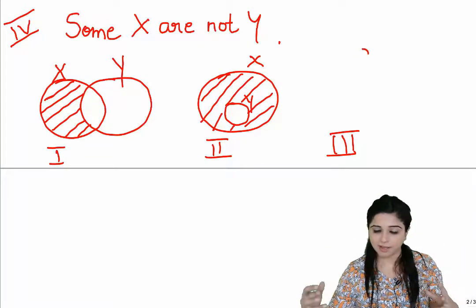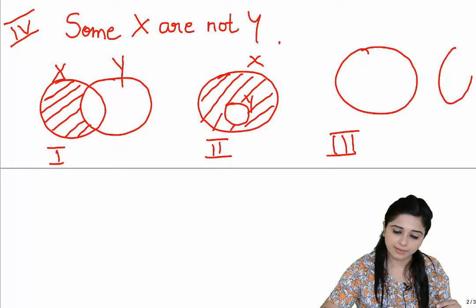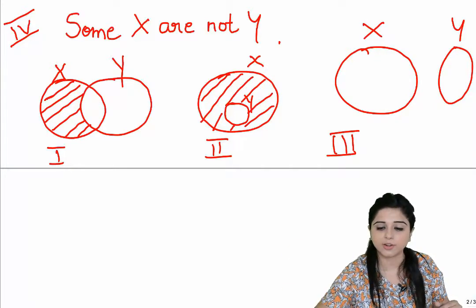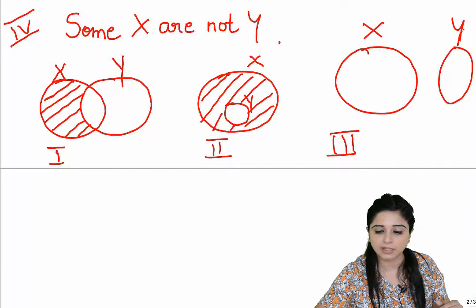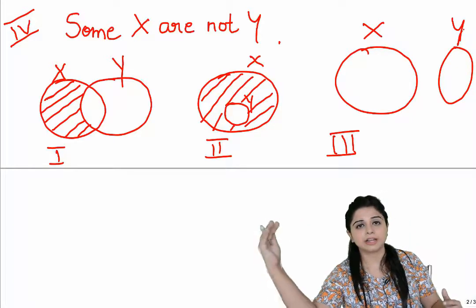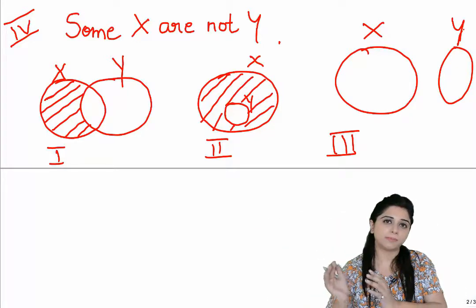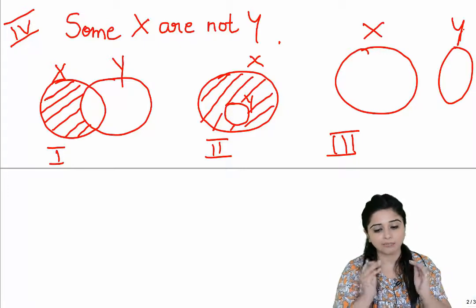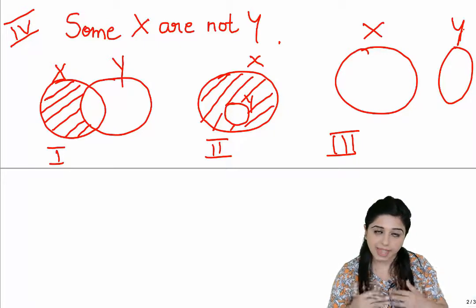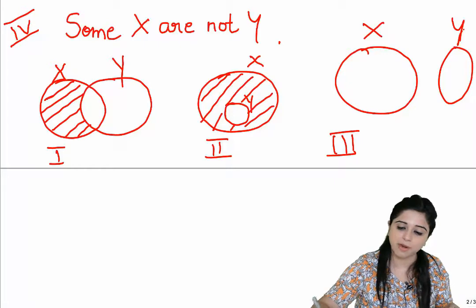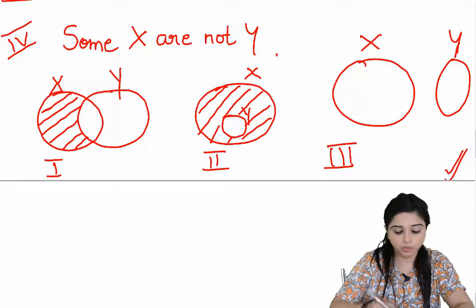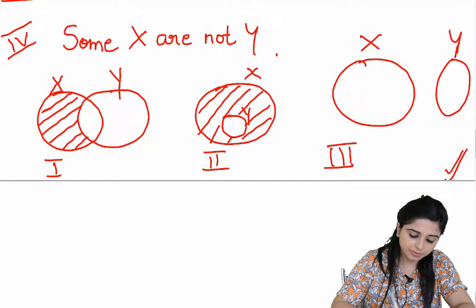Sum is all is sum. Possible that this scenario might also exist. Did you see what I did there? If both of them are disjointed sets, if all of x are not y, then of course it's true for the sum part of it, right?